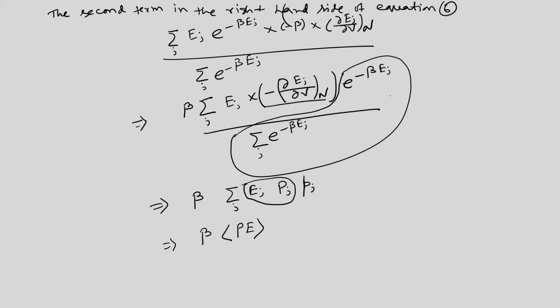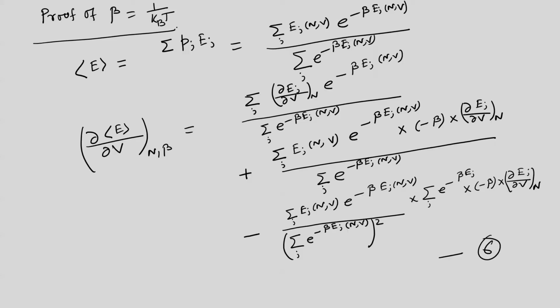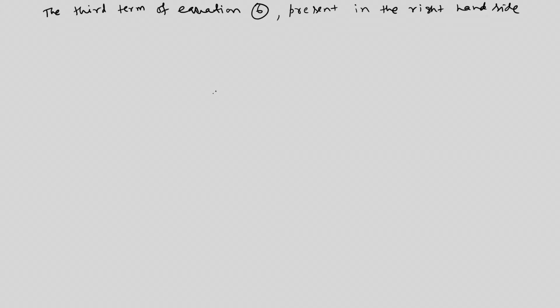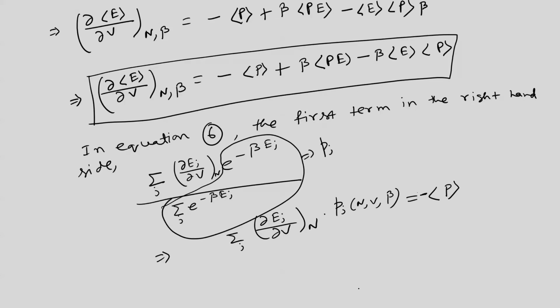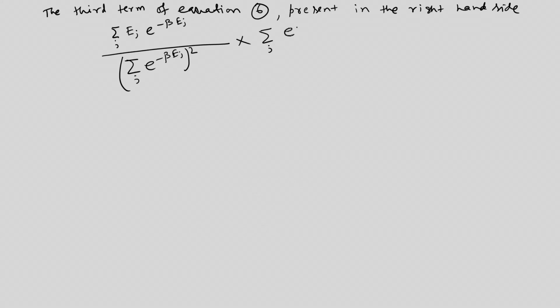So we can write Ej e to the minus beta Ej, so sum over j Ej e to the minus beta Ej by sum over j e to the minus beta Ej to the 2, times sum over j, and we have e to the minus beta Ej times minus beta times del Ej by del V at constant n.